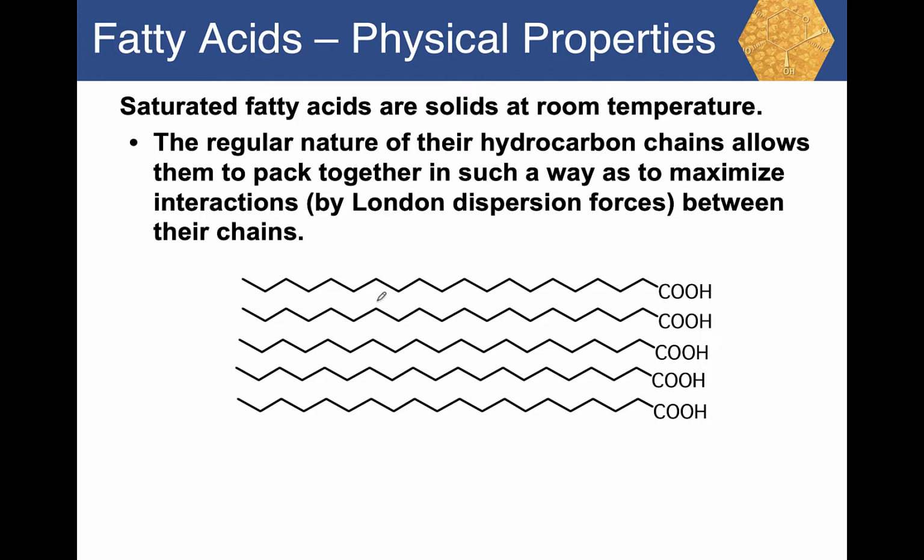Therefore, the melting points of saturated fatty acids are pretty high because of the structured arrangement and the amount of energy required to break the interactions, mostly London forces or Van der Waals attraction. It requires energy, hence a higher melting point.